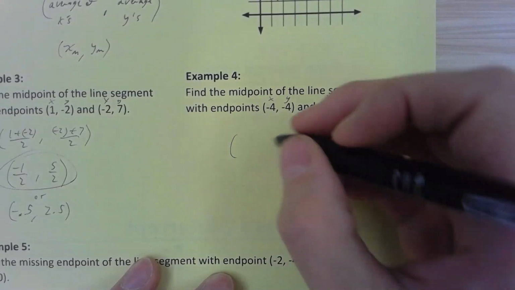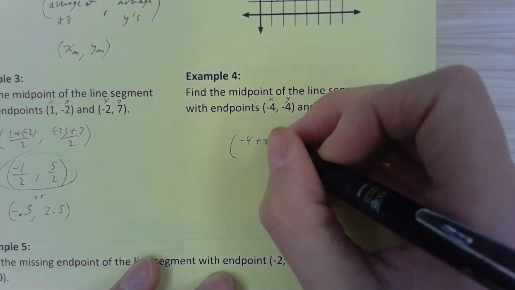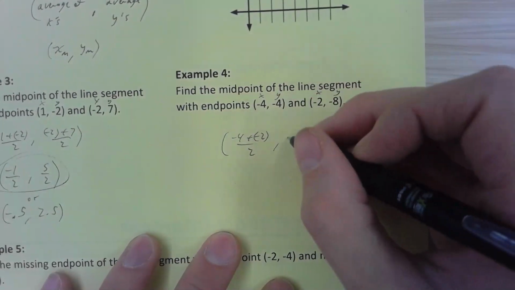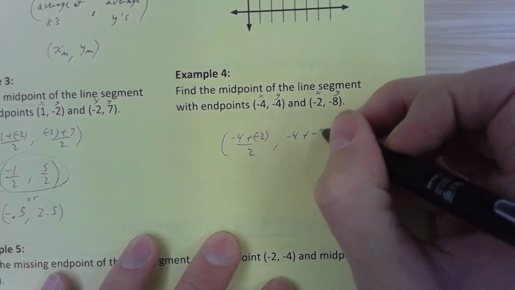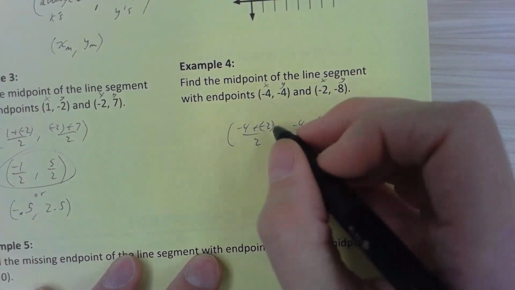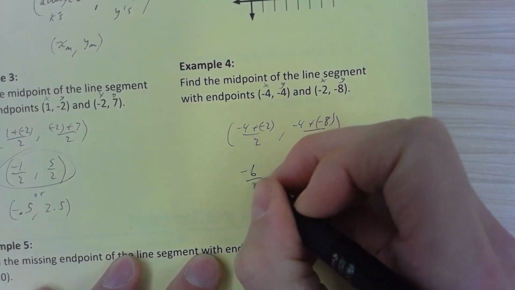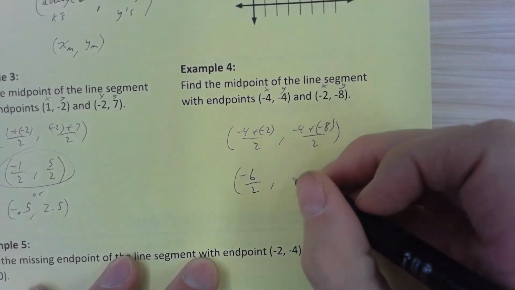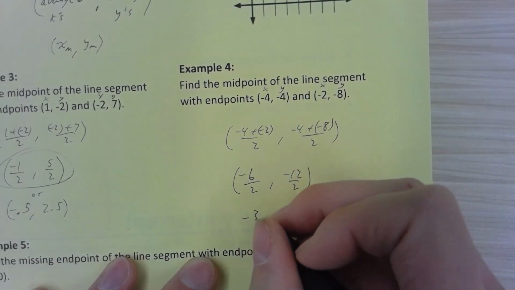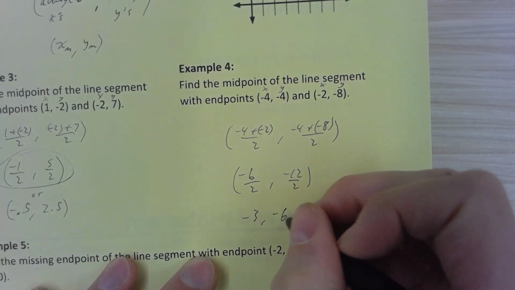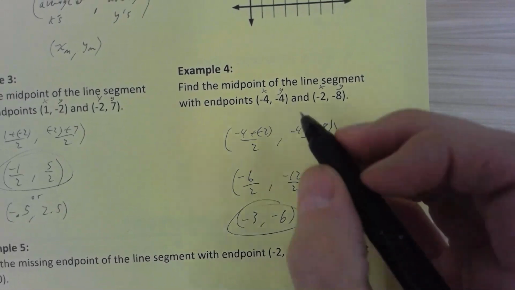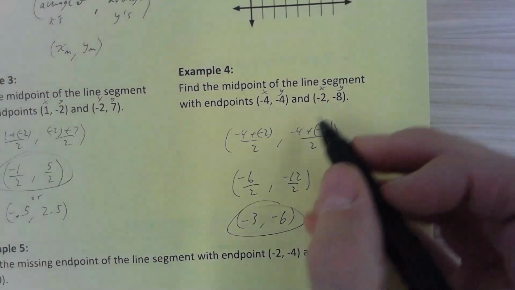So the average of our x's, -4 plus a -2 divided by 2. -4 plus a -8 divided by 2, and we get -4 plus a -2 is a -6 over 2. -4 plus a -8 is a -12 over 2, and that simplifies to a -3, -6.